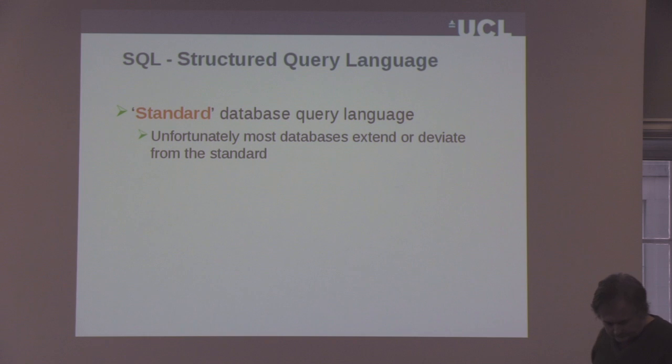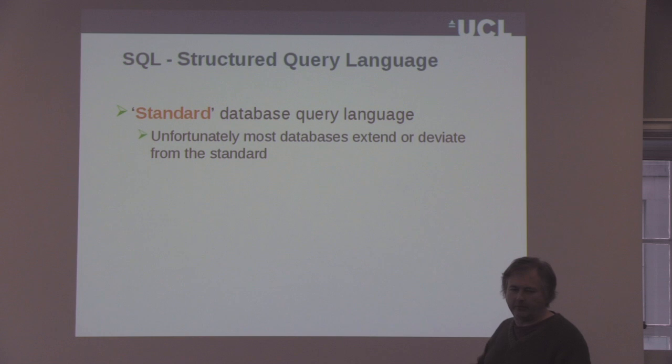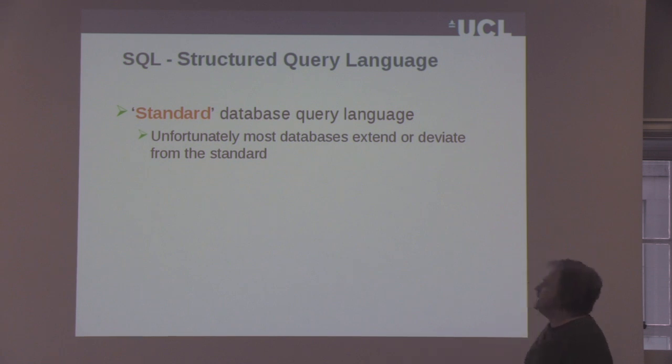So mostly what we do is use a language called SQL. That's why lots of these things have SQL in their name, which stands for Structured Query Language. And it's a standard database query language. It's an ANSI standard, American National Standards Institute standard.